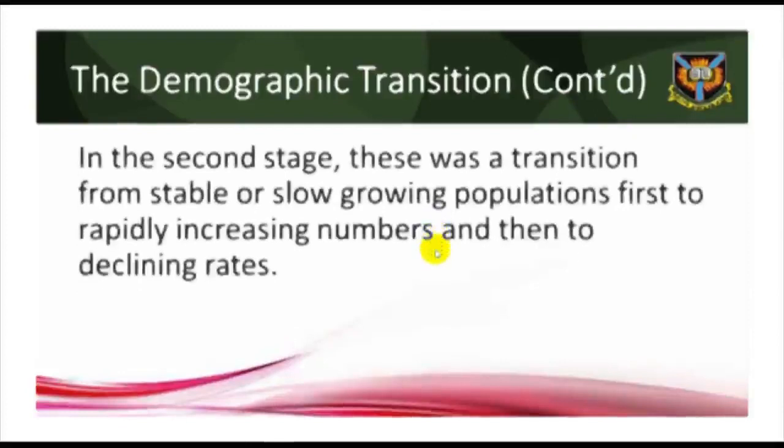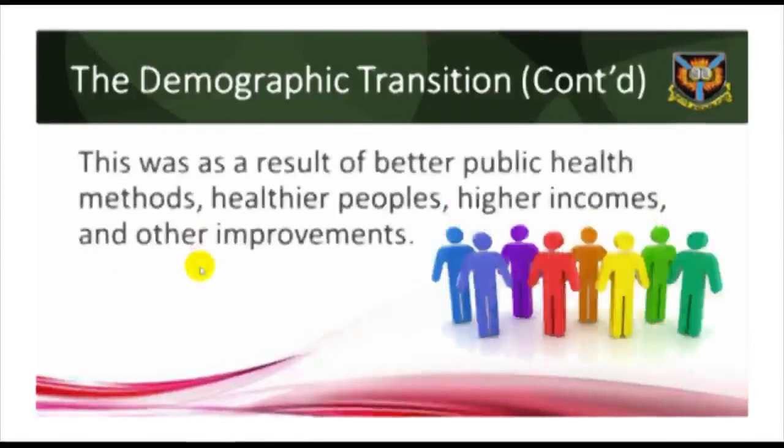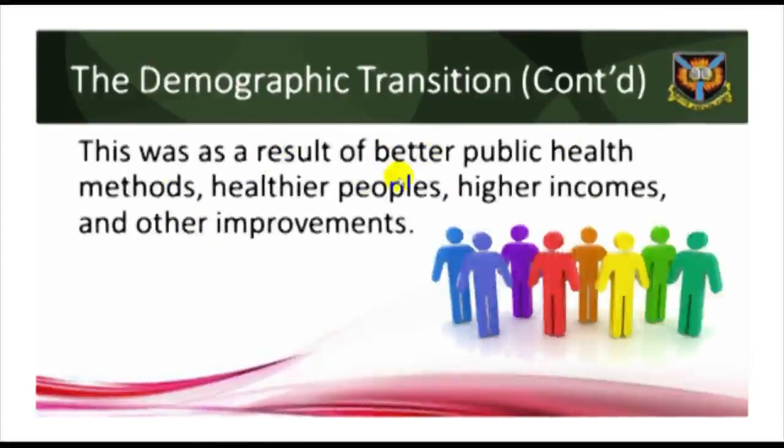In the second stage, there was a transition from stable to slow growing population, first to rapidly increasing numbers and then to declining rates. This was as a result of better public health methods, healthier people, higher income, and other improvements.